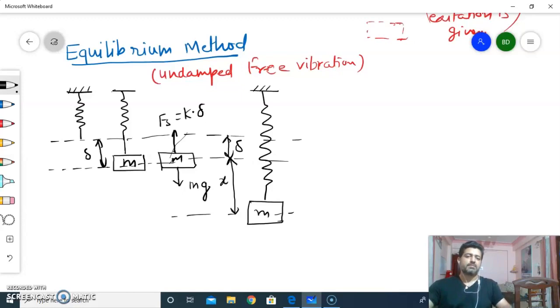So if we draw the free body diagram of this system, the weight mg will act downward, and the opposite spring force will be k into x plus delta, because the deflection will be x plus delta because of the initial excitation.